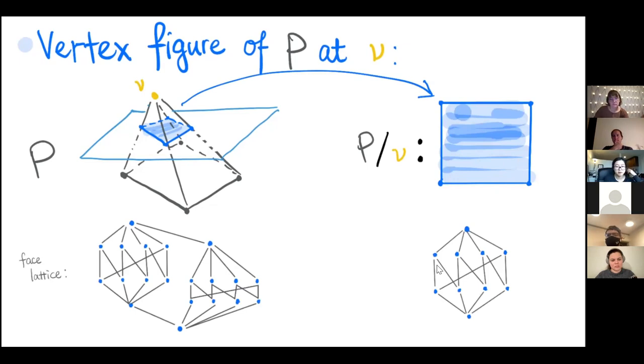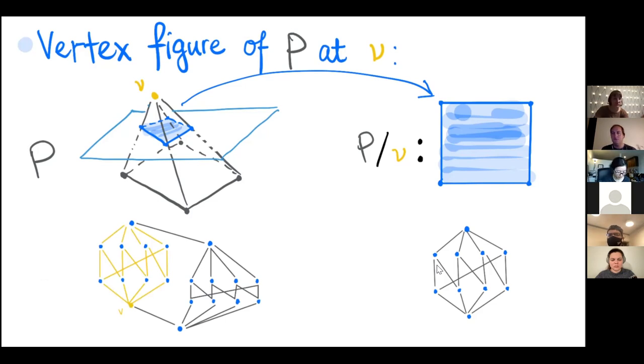Here I have the face lattices of the two polytopes on the board. The elements of a face lattice are just the faces, ordered by inclusion. On the left-hand side, you have the face lattice of P. On the right-hand side, you have it for P mod V. If you denote the leftmost rank 1 element as V, then you can see that the face lattice of the vertex figure is nothing but the upper interval from V up in the original face lattice.